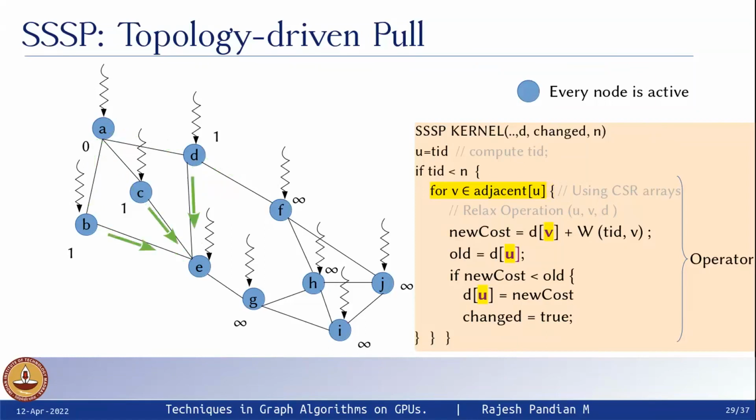Previously, we had issues updating a particular node when there was a data race, when it has a common neighbor. For example, B, C, D had a common neighbor E. Here that is actually avoided, because the thread operating on E will only update itself. That is why we do not need atomics here.